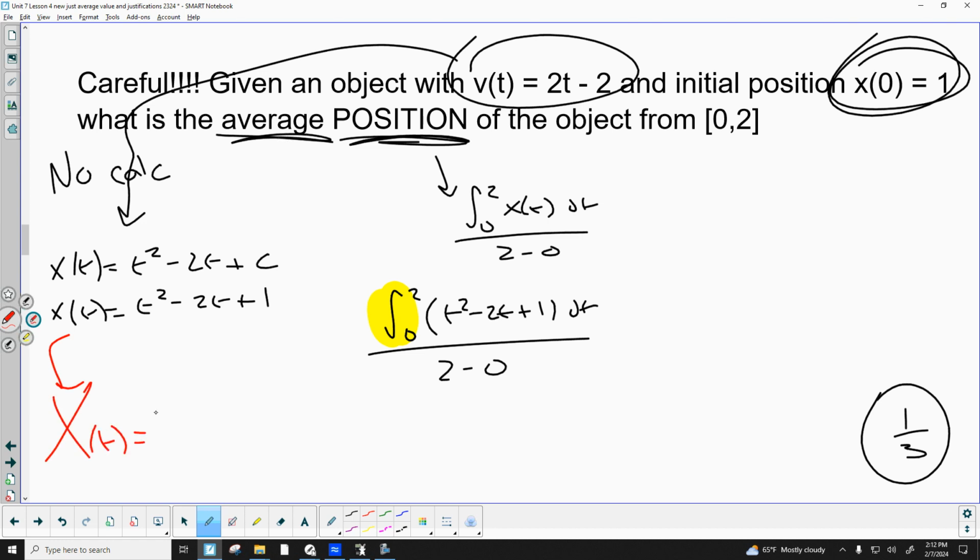We need big X. Why do we need another antiderivative? Because that's how we have to accumulate position: we take an antiderivative and find the change to figure out how much my big X increases or decreases.